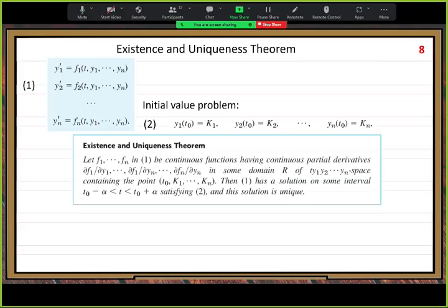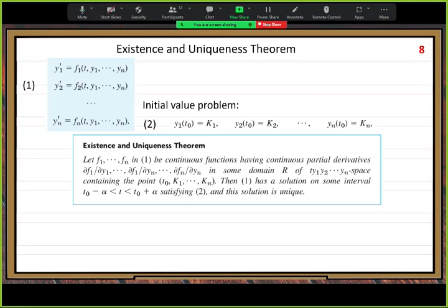Then, the existence uniqueness theorem. Let's look at the condition part. The functions little f in equation 1 should be continuous. Here we do not say must be, because if not continuous, there is a special case that is still true.